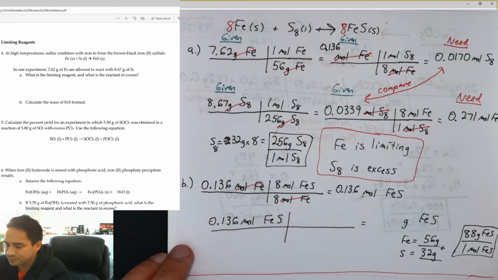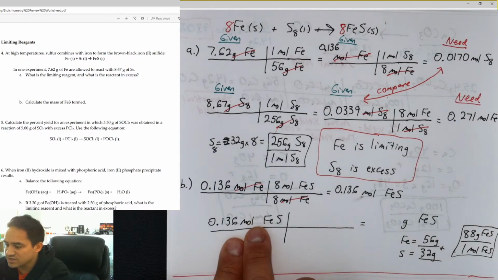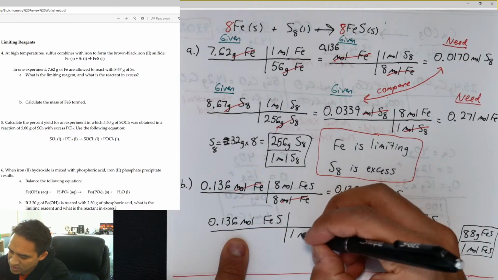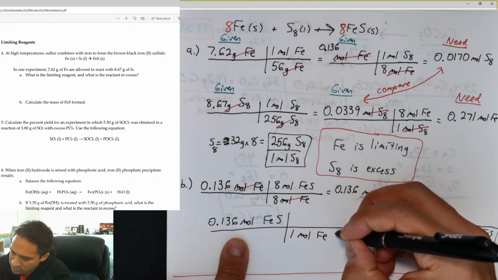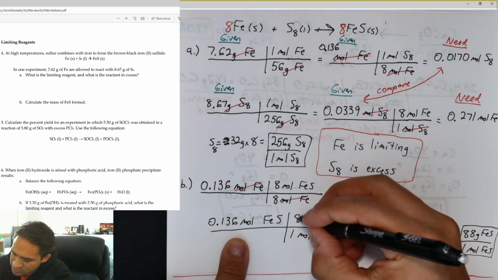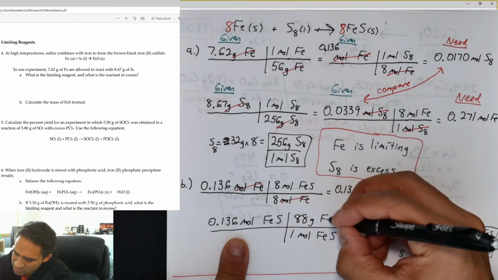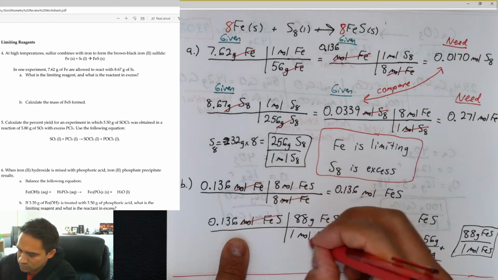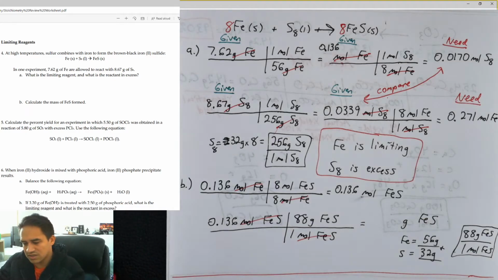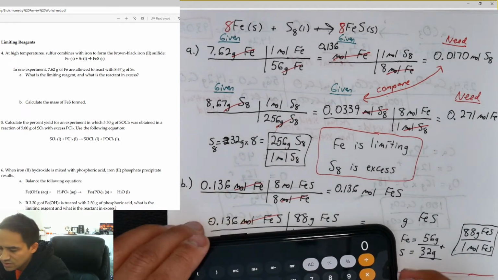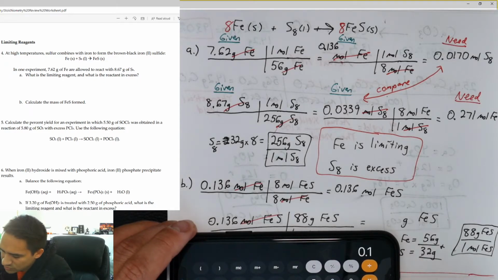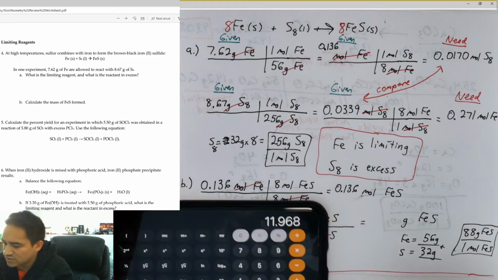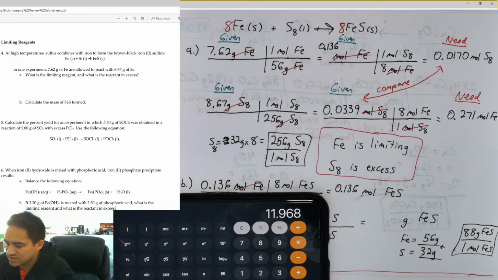All right. Since we're starting with moles of FeS, the 1 mole of FeS will be on the bottom, and the 88 grams of FeS will be on the top, so that those cancel like this. And then on our calculator, we will take 0.136 times 88 equals, and we get 11.968.